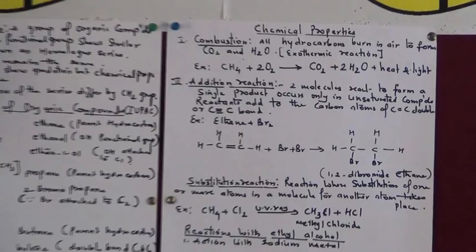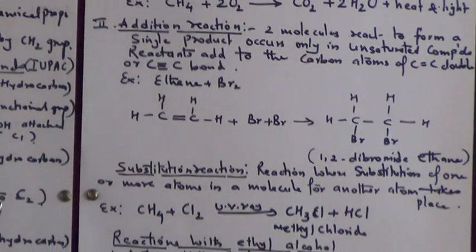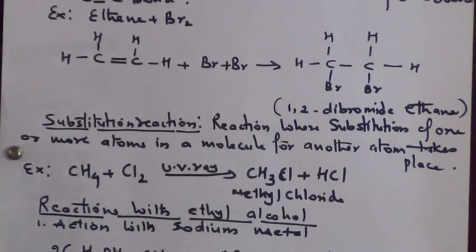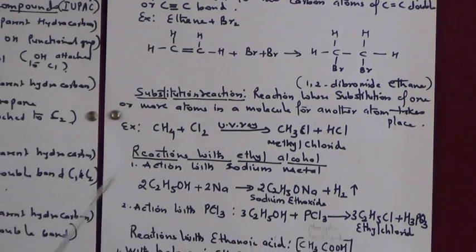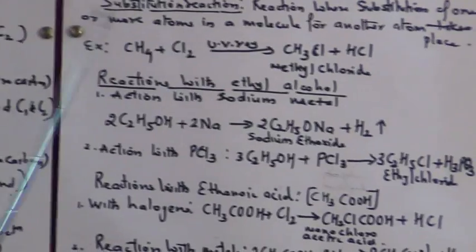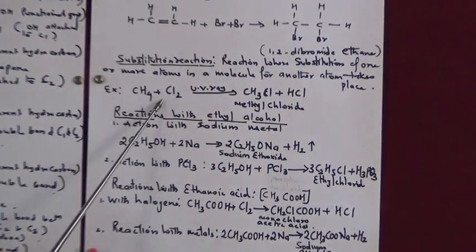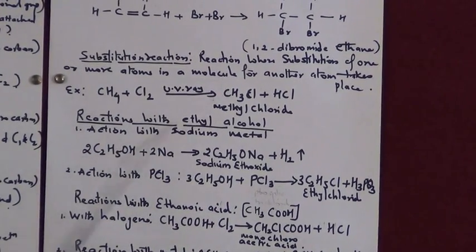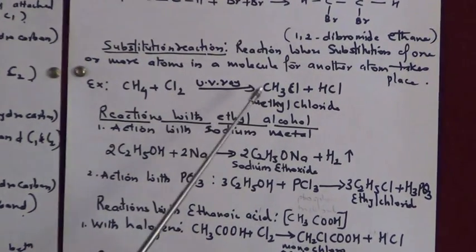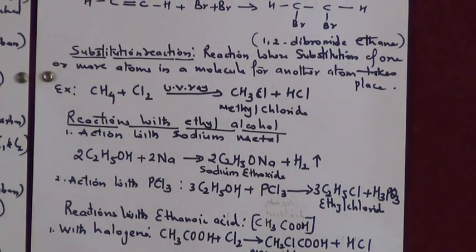The next type of reaction is the substitution reaction. These are reactions in which substitution of one or more atoms in a molecule by another atom takes place. Again, an example: methane combines with chlorine in the presence of ultraviolet rays to form methyl chloride and hydrochloric acid.